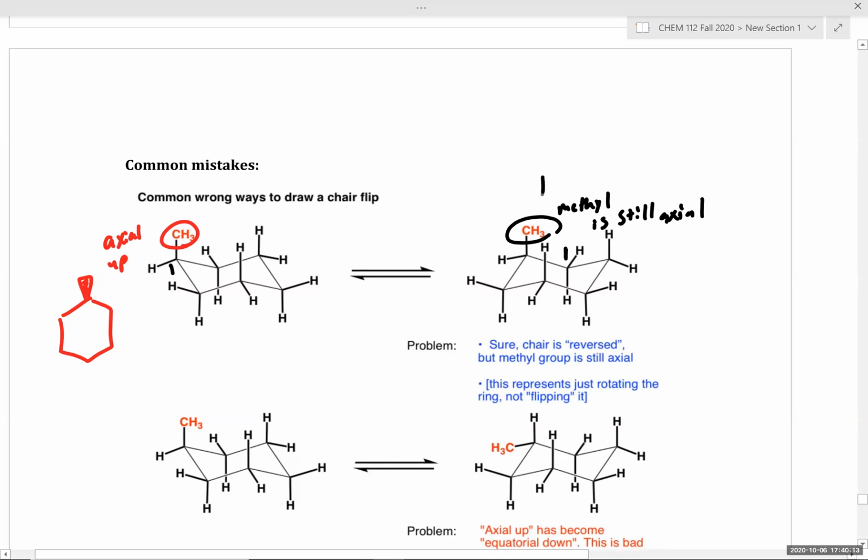This structure is equivalent to the following conformation. And we can clearly tell that if we compare these two conformations, these two conformations are not the same.